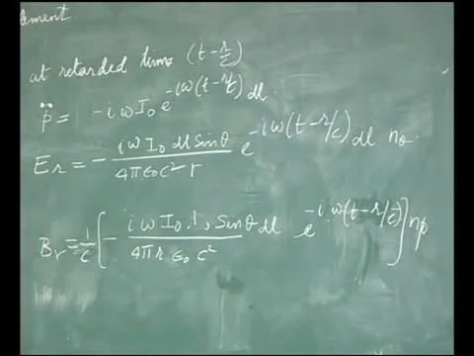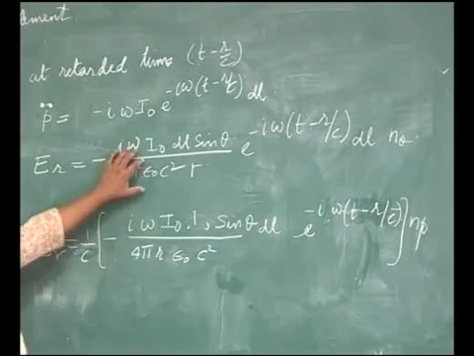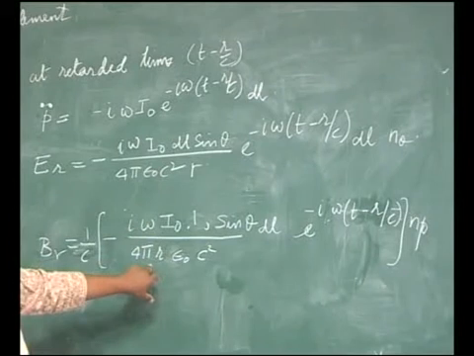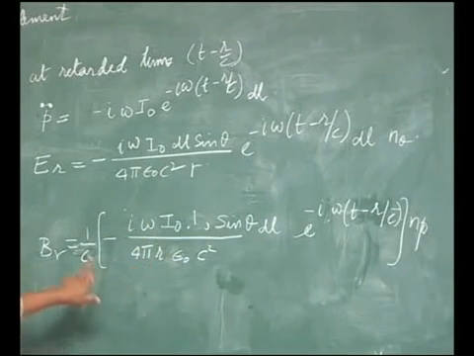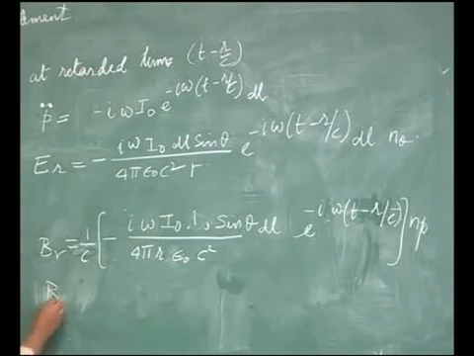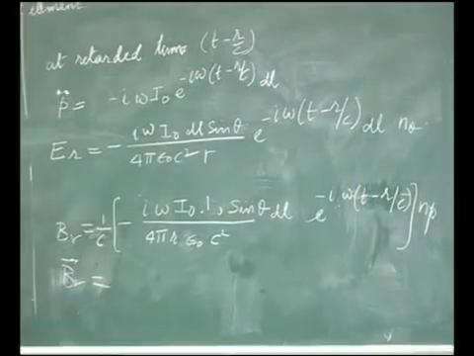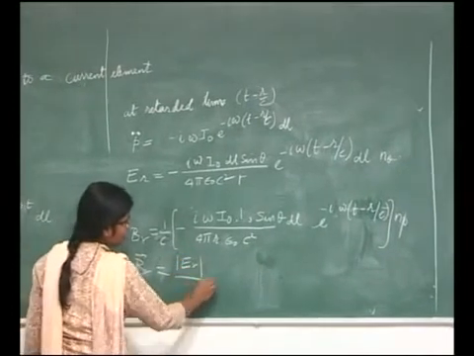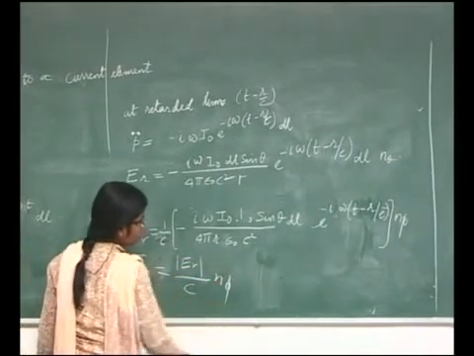So, you can see that these expressions are the same, only there is a factor of 1 by c. So, I can write that Br, the radial component of magnetic field, is equal to modulus of Er divided by c into n phi.